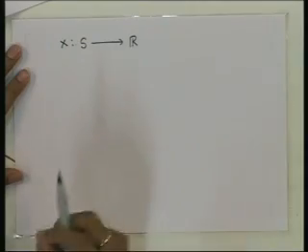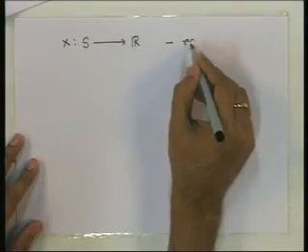But we can associate with every outcome a real number, so that for every experiment the outcome is mapped to the set of real numbers. The mapping can be in different ways, but such a mapping is called a random variable. So, there is an experiment and there is a mapping of the set of outcomes to the set of real numbers, and that mapping is called a random variable.